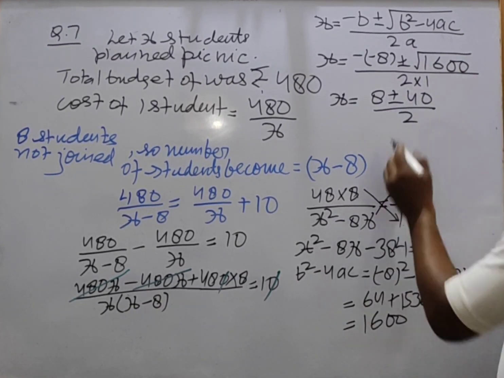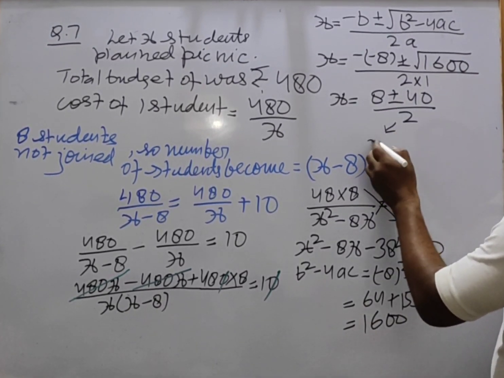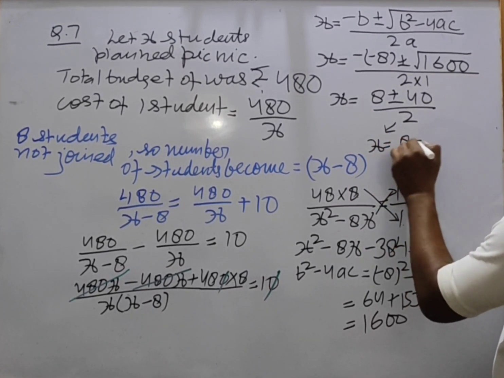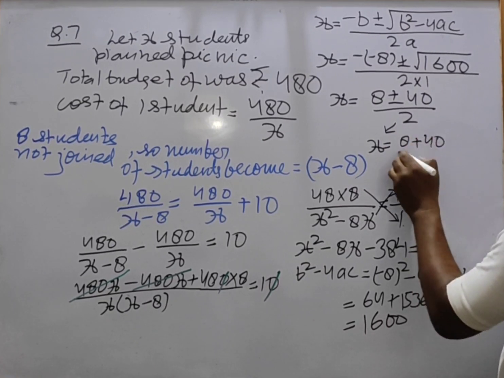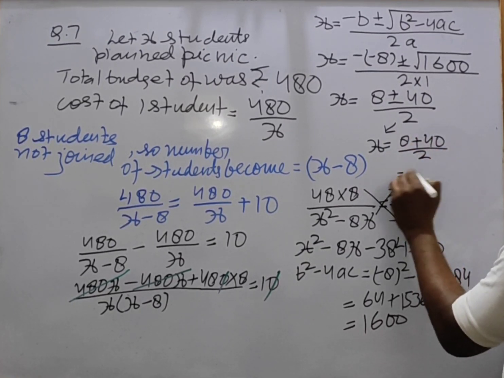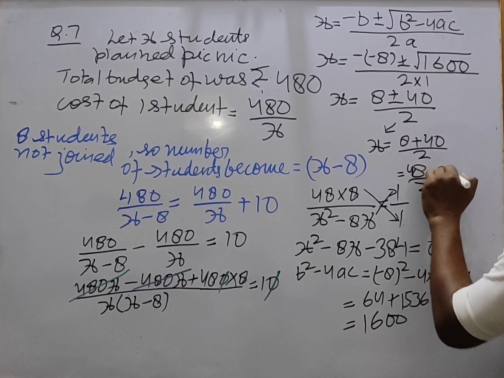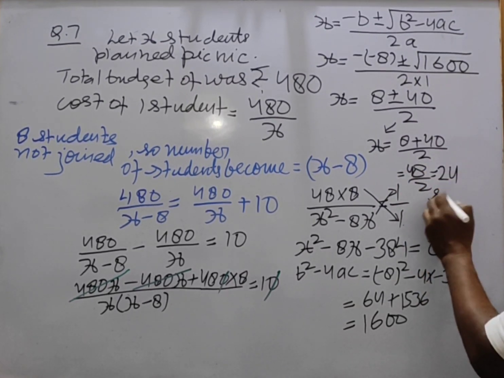One, if we take x is equal to 8 plus 40 upon 2, we get 48 upon 2, so 24 students.